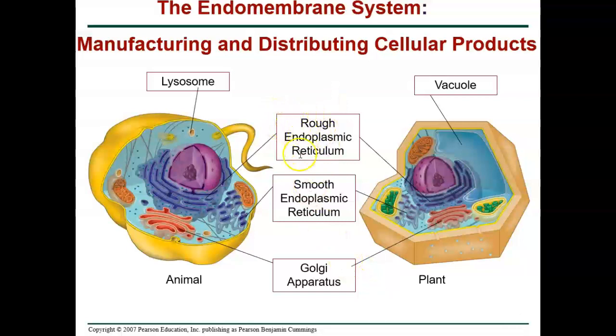So we've got the rough endoplasmic reticulum, the smooth endoplasmic reticulum, the Golgi apparatus. In an animal cell, it also includes the lysosomes. In a plant cell, it includes the vacuole. But for the definition, think of it as the manufacturing and the distributing of cellular products.